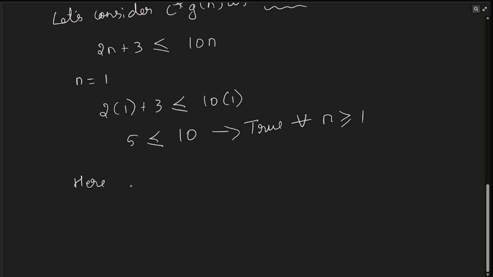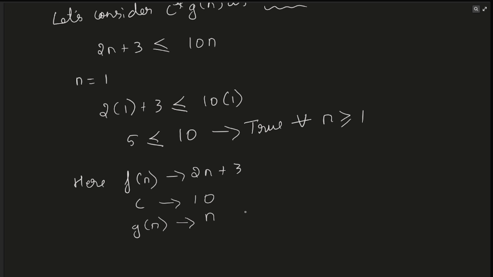Here f of n is 2n plus 3, c is 10, g of n is n, and all these terms hold true for the big O definition.